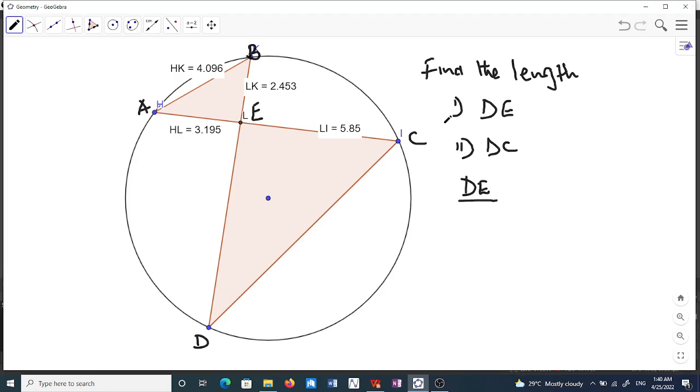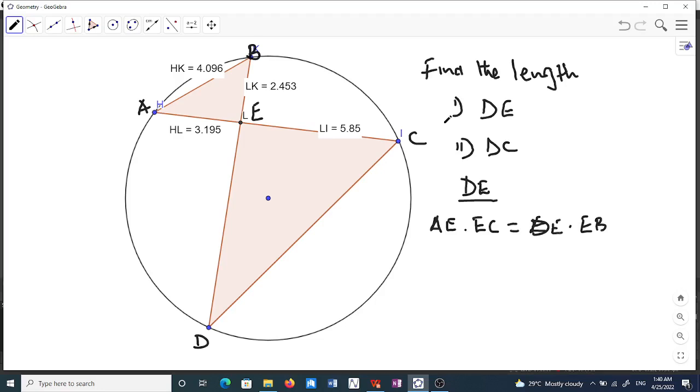We said we just have to get AE times EC is equal to DE times EB. That is the relationship, as simple as that.